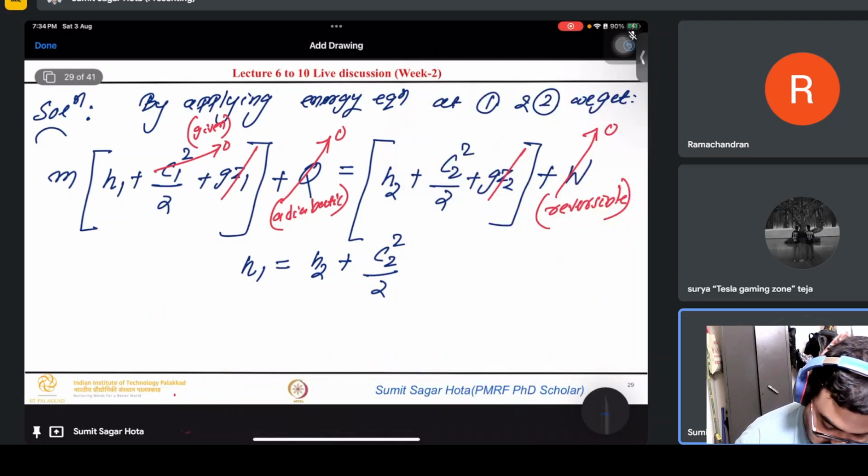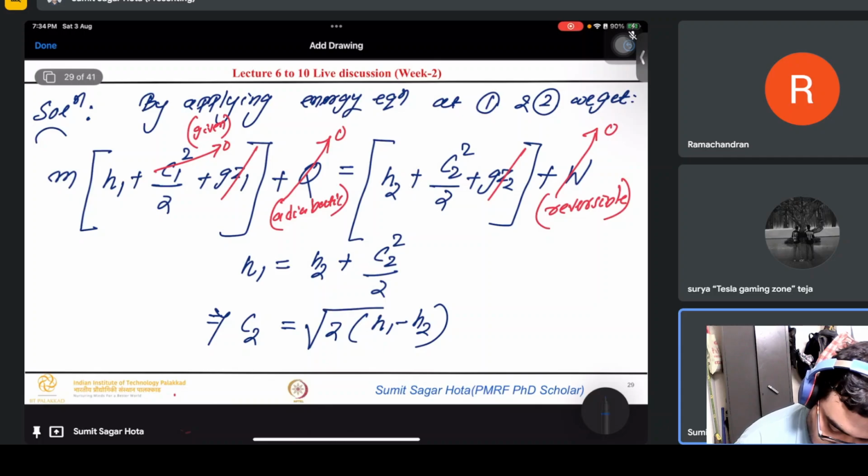So now what will be your C2? Your C2 is equal to the square root of twice H1 minus H2. So what is H1? H is equal to Cp delta T. So C2 is the square root of 2 Cp (T1 minus T2).